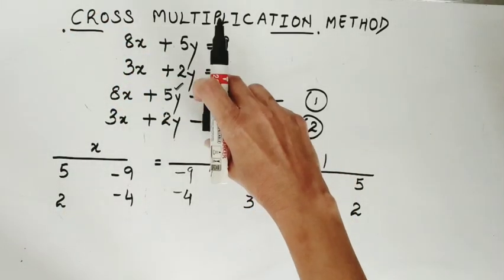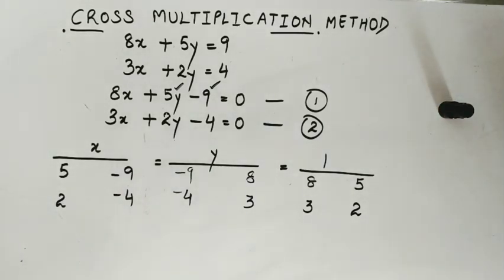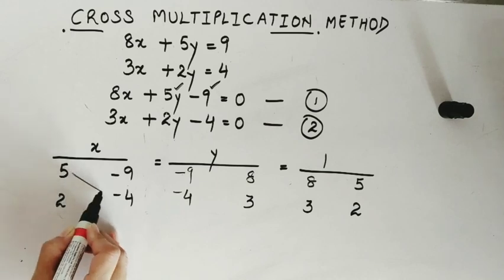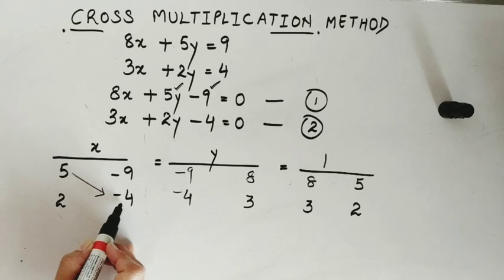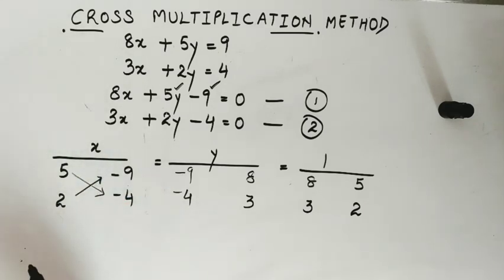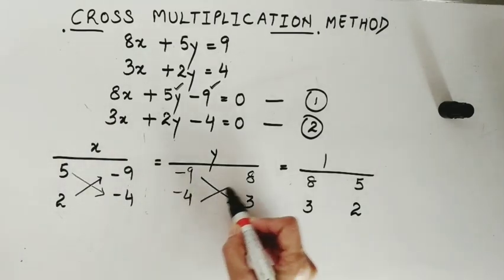Our next step would be cross multiplication, which now actually comes. You would see I would be making arrows. 5 would be multiplied by minus 4. Okay. And then in between there would be a negative sign, then the product of these two. And it follows across all.